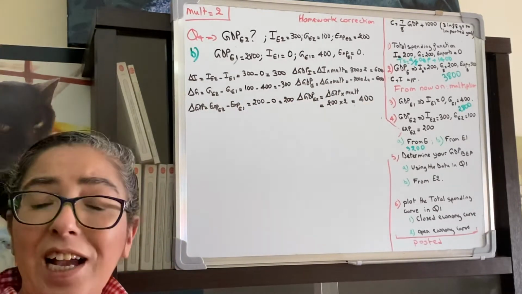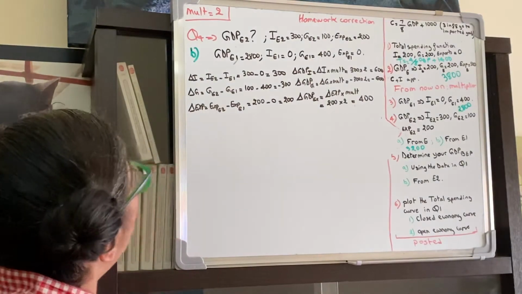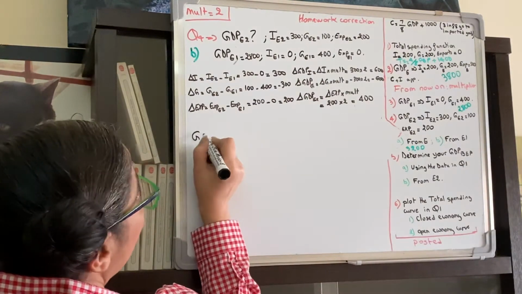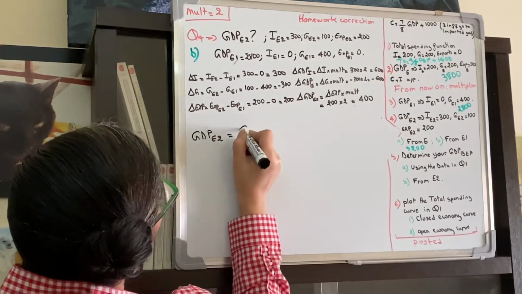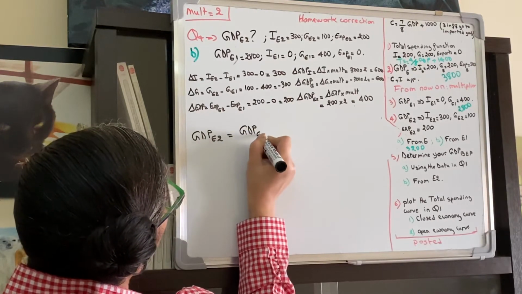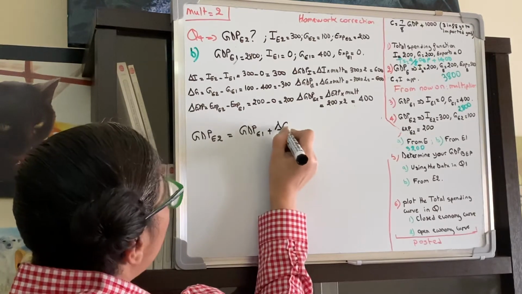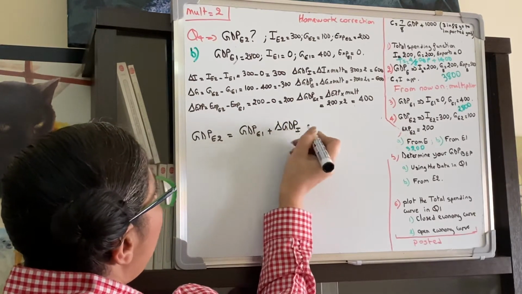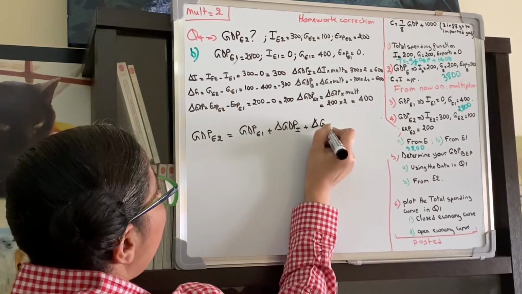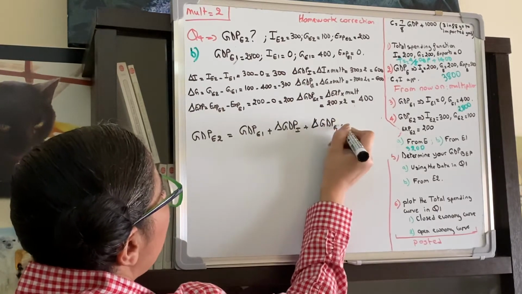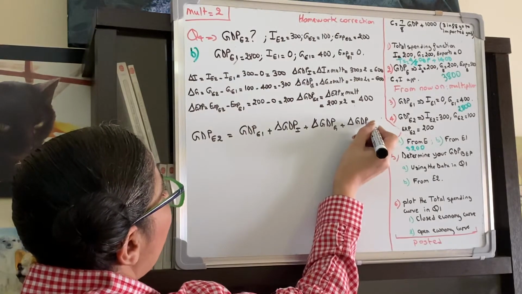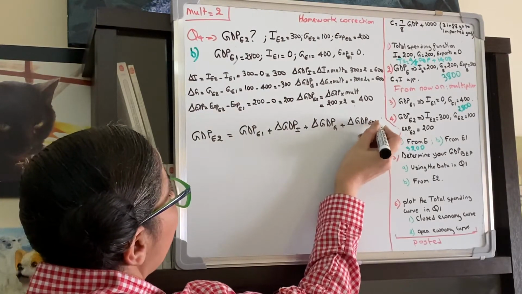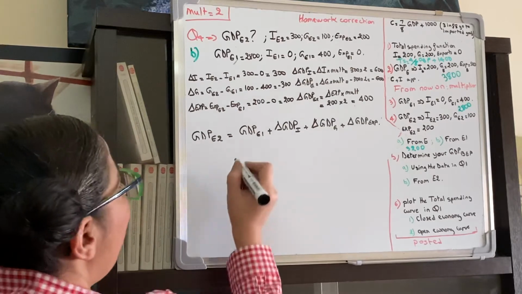And now we're going to calculate the new GDP. So GDP at E2 is equal to GDP at E1 plus delta GDP due to I plus delta GDP due to G plus delta GDP due to exports. And let's try.